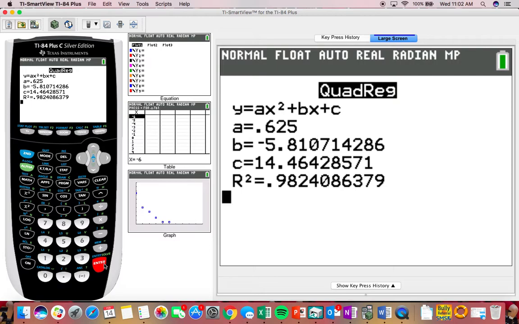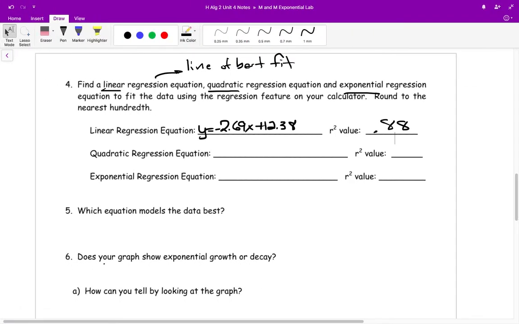Okay, so to write that down, my quadratic regression equation: y is equal to 0.63x squared, and yours will probably be different than mine, that's okay, minus 5.81x plus 14.46.